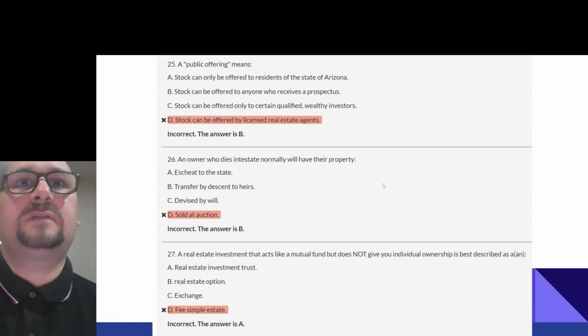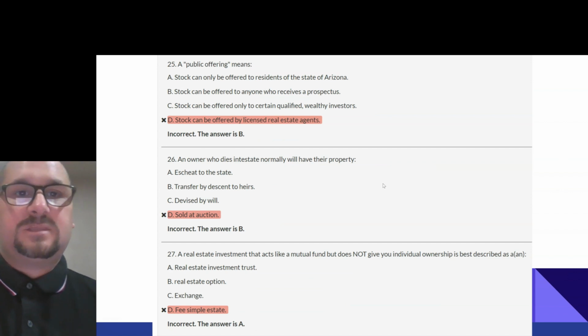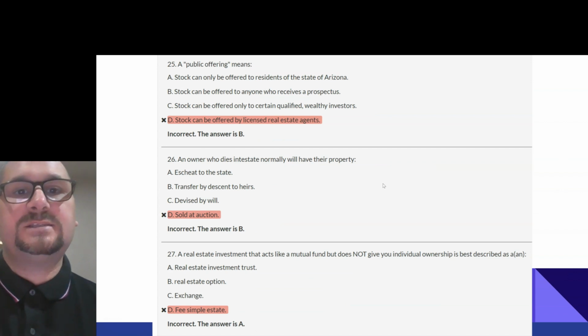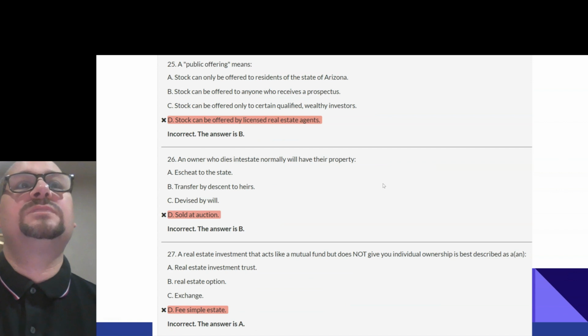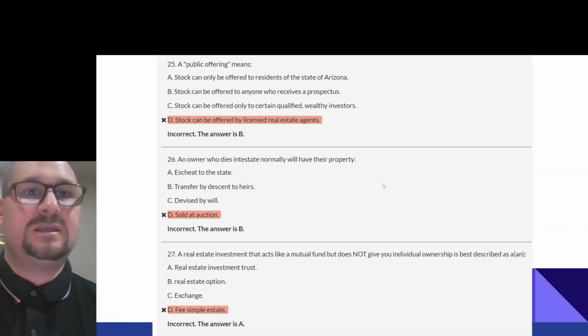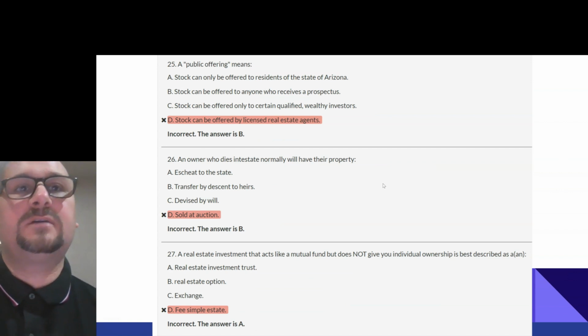No, that's not a public offering. Only to certain qualified wealthy investors? No. By licensed real estate agents? No. Stock can be offered to anyone who receives a prospectus. That is what's meant by a public offering.